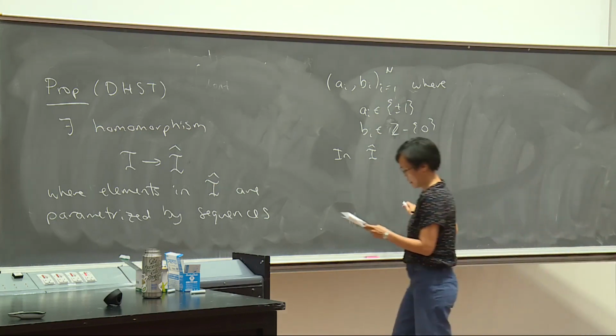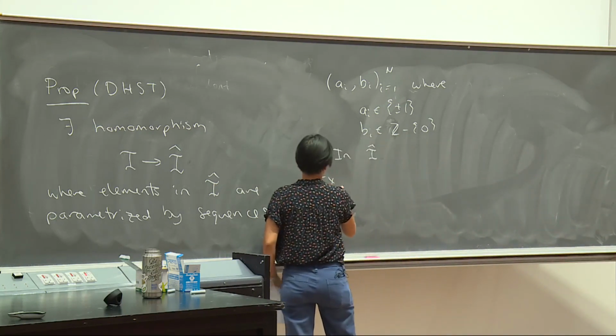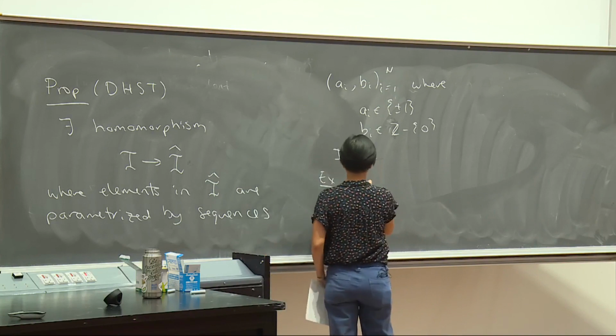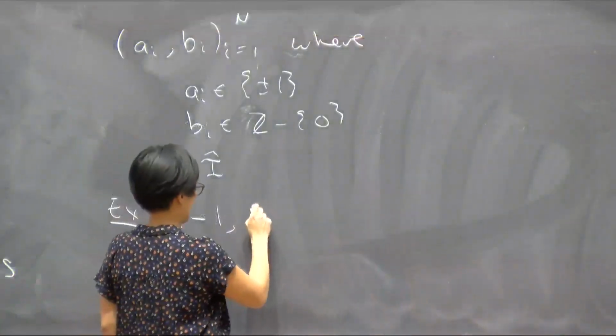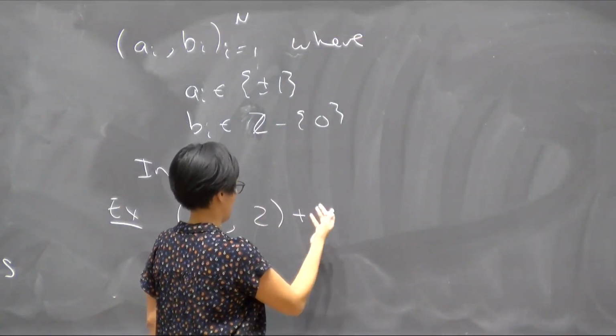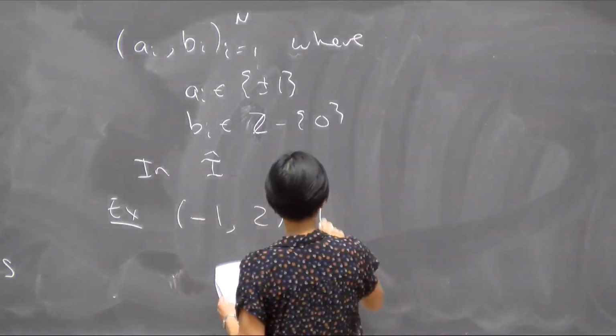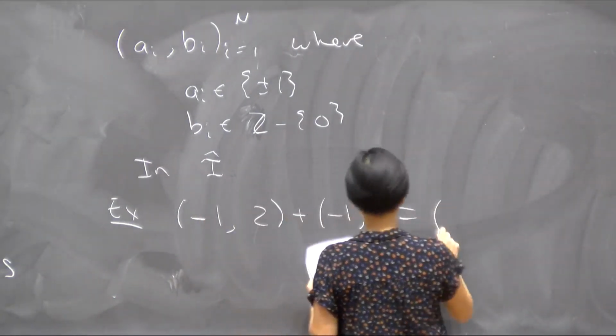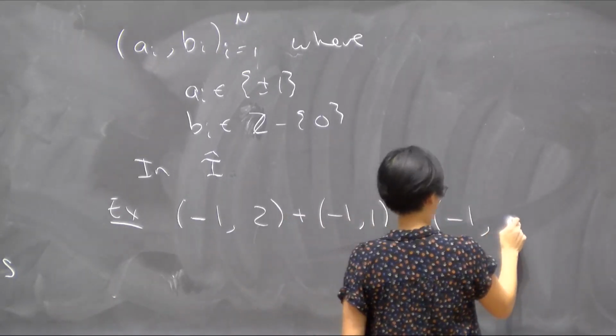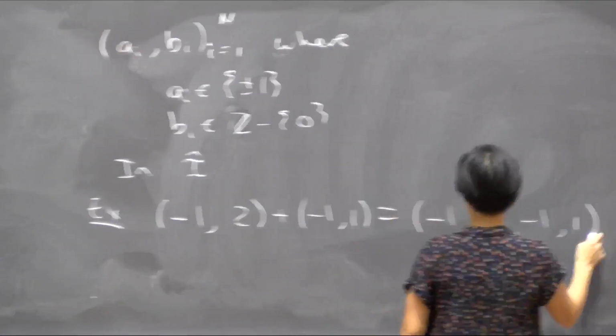That's how I'm getting these calculations. So in I hat, this is an abelian group, so I'll denote the operation with addition: negative 1, 2, plus negative 1, 1 gives me negative 1, 2, negative 1, 1.